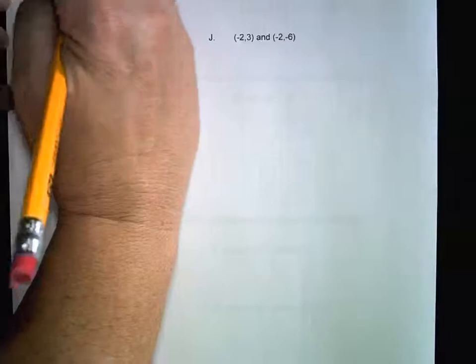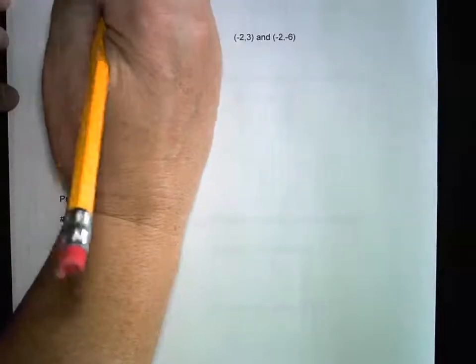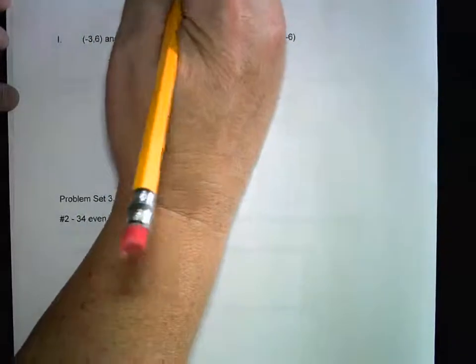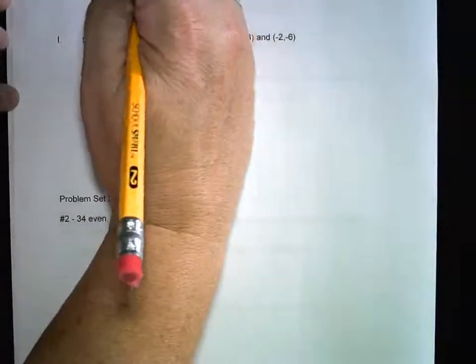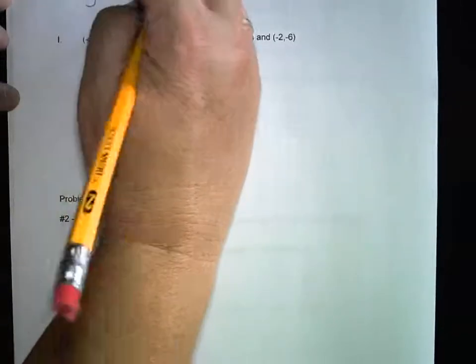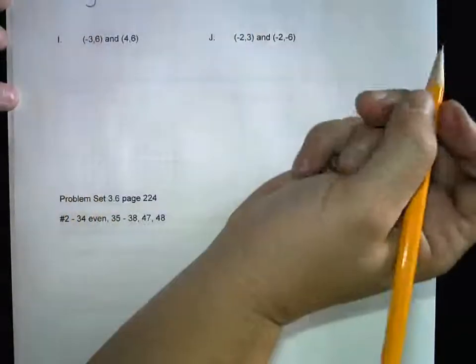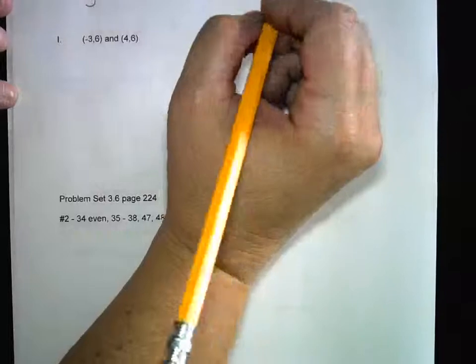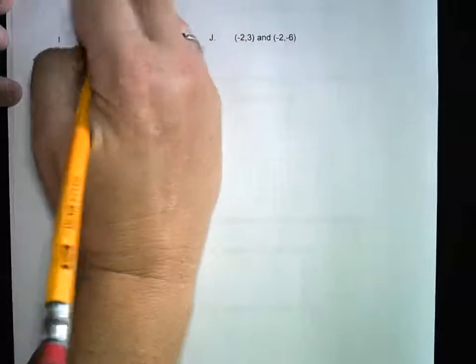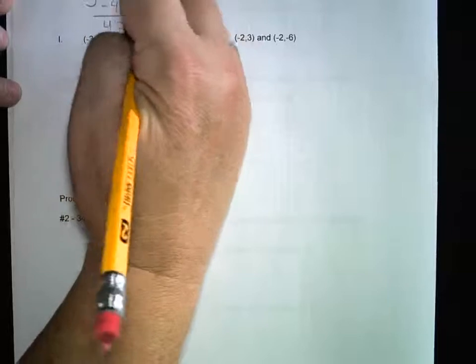Y plus 4 equals negative 1 times x minus 0. When you distribute, that becomes y plus 4 equals negative x. And when you subtract 4 from both sides, you have y equals negative x minus 4.